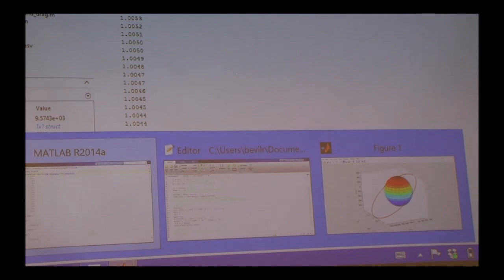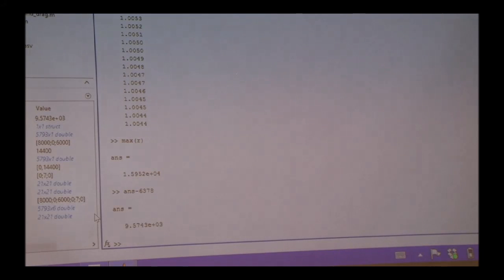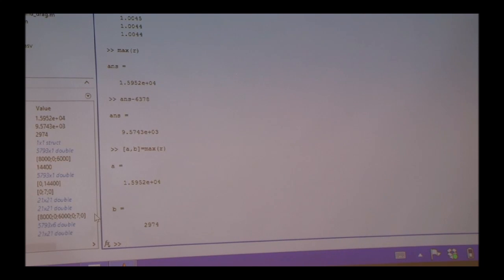Now, how do you know when that is happening? Because I know what the maximum altitude is, but how do you get when that is happening? You can do this. If I remember correctly, the max function and the min function actually can give you 2 outputs. Yep.